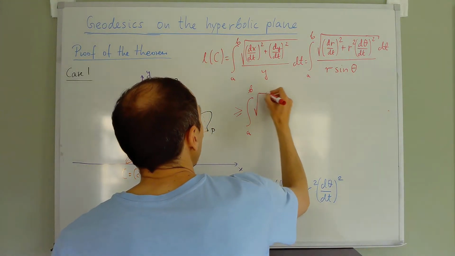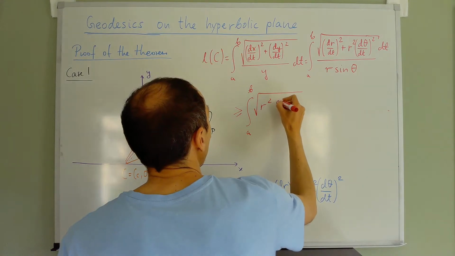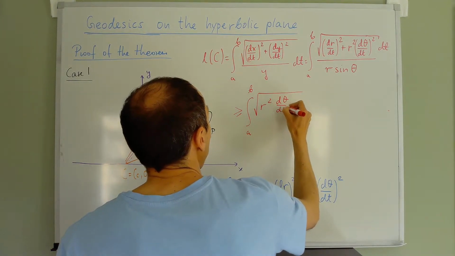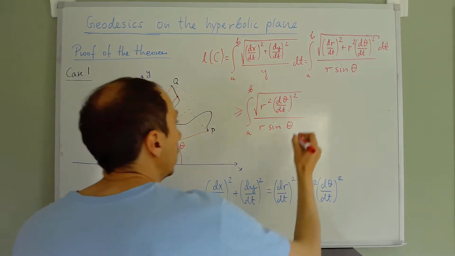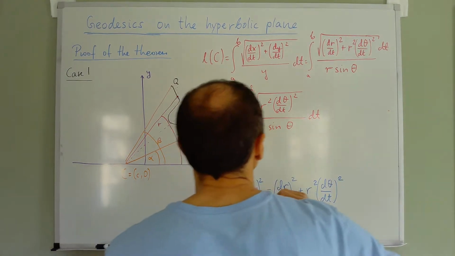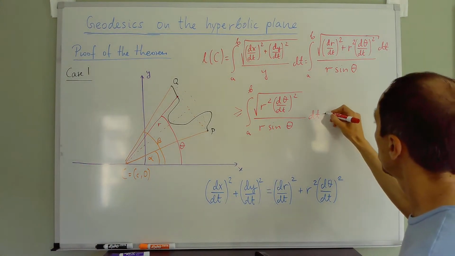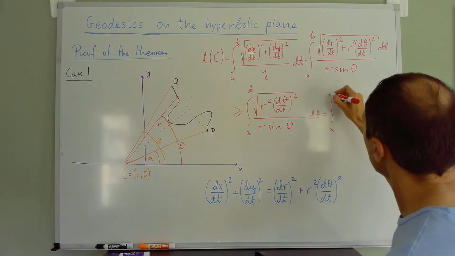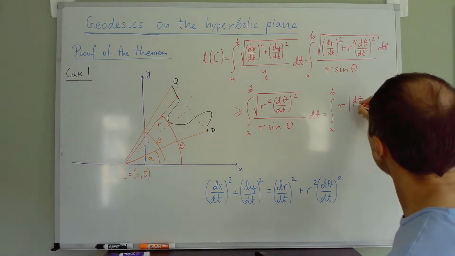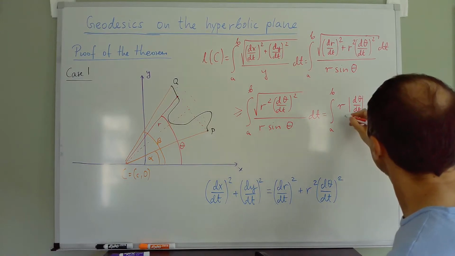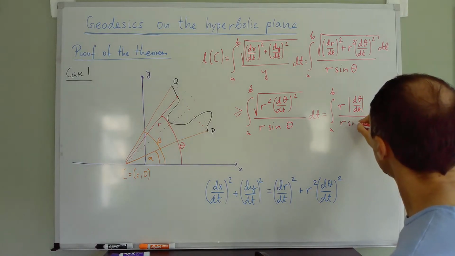So I just get this dt. And if I now take the square root, r is positive, I get the absolute value of d theta over dt over r sine theta dt.